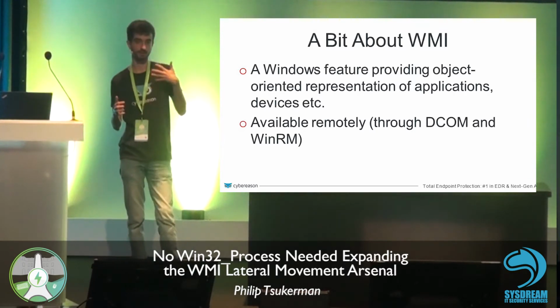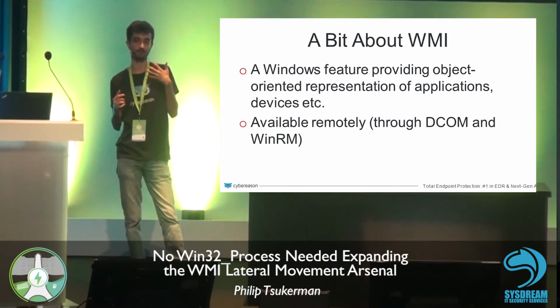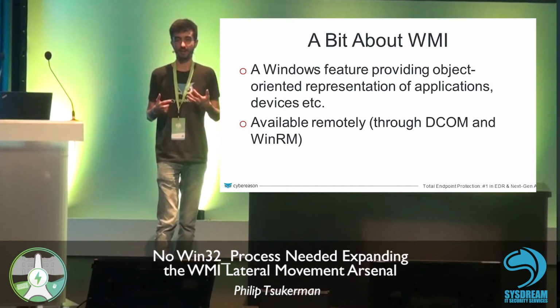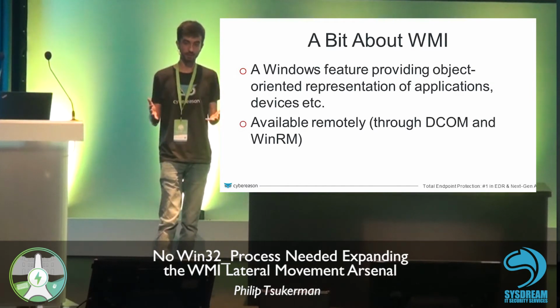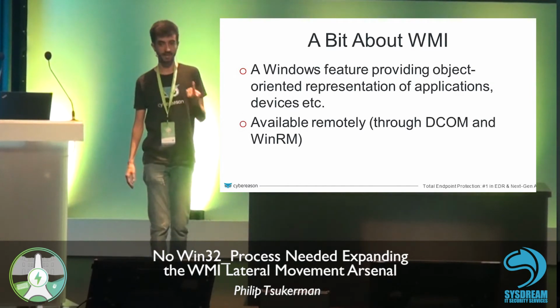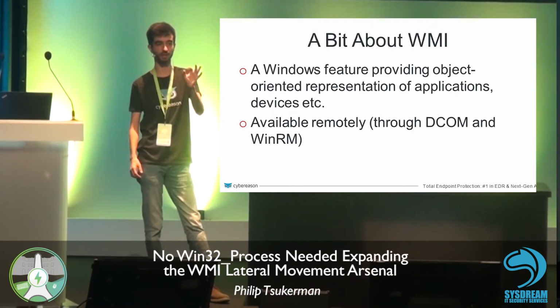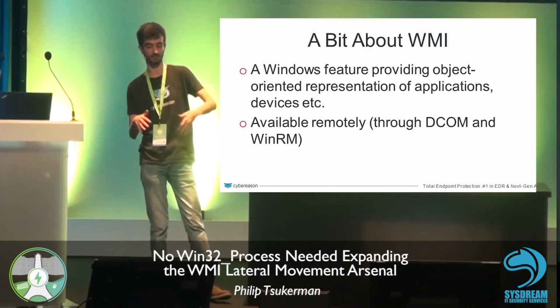If you want to obtain some information about anything that's represented by WMI, you basically pass through one single API, and you say, well, can I please have the enumeration of whatever is represented by a specific class.